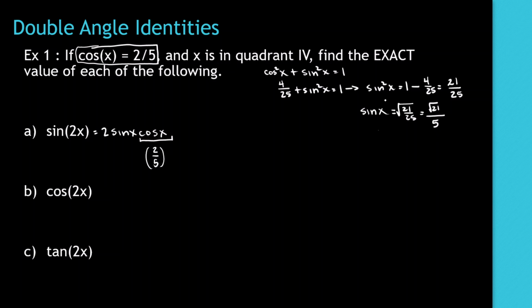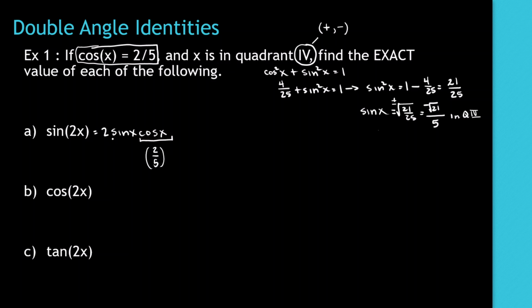Now, taking the square root would give me a plus or a minus, but it tells me I'm in quadrant 4, which means that the cosine is positive and the sine is negative, so I will keep the negative sign on here in quadrant 4.